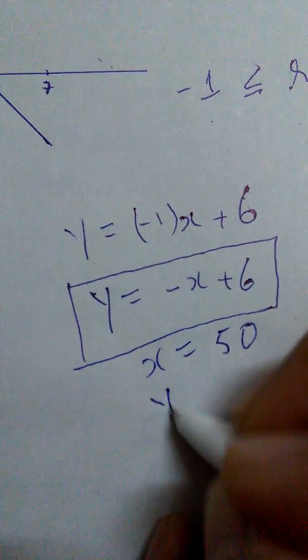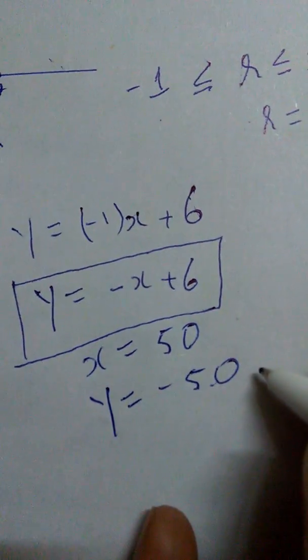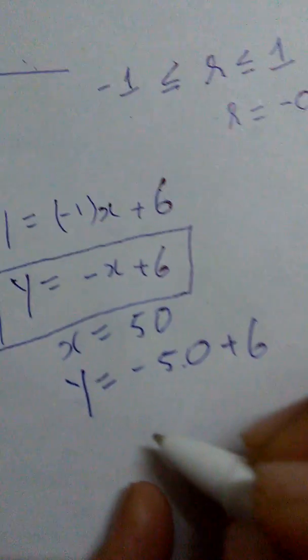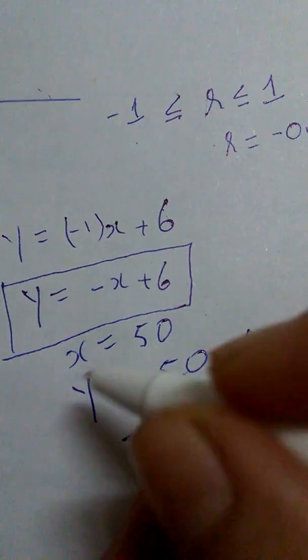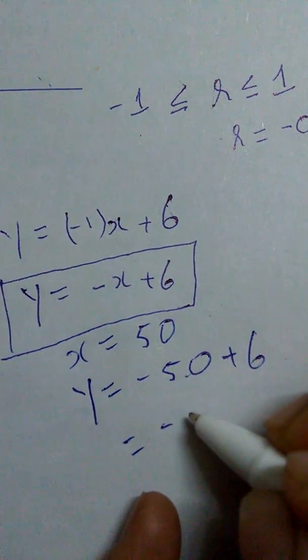You substitute the value of x in the equation and you get the corresponding value of y. Because y is related to x, I'm using the term corresponding. So it is going to be -44.